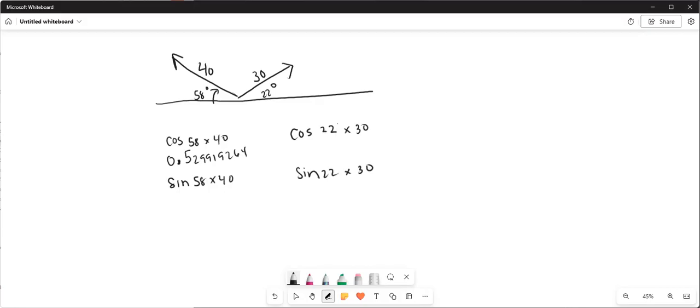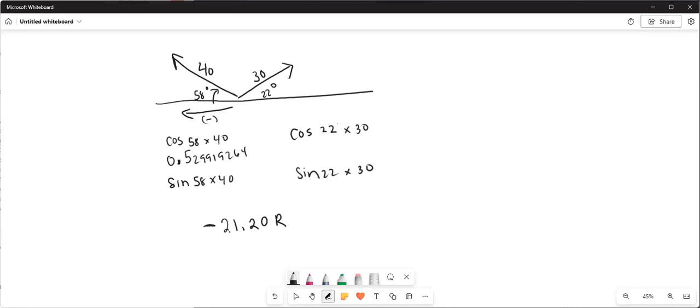Times 40. So this is 21.20. Had to go to the left to get here, so this is a negative R. So it's to the left. Okay.